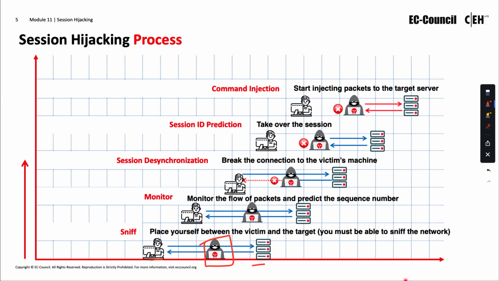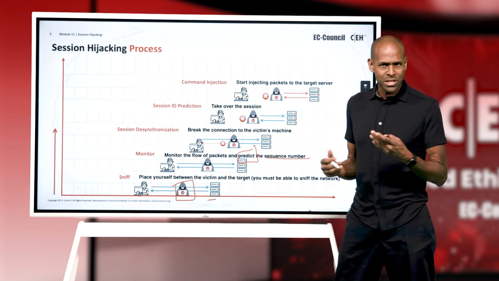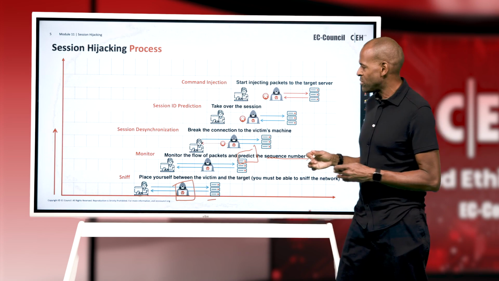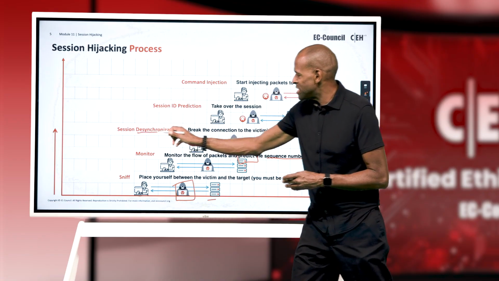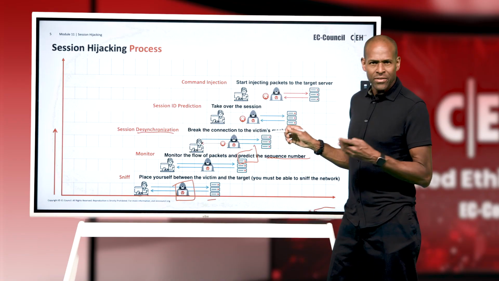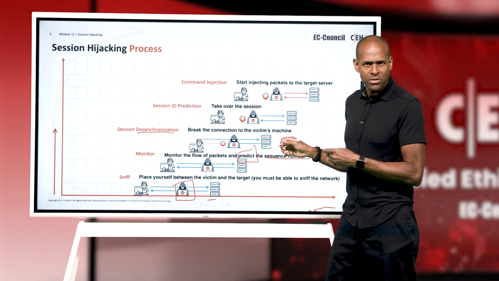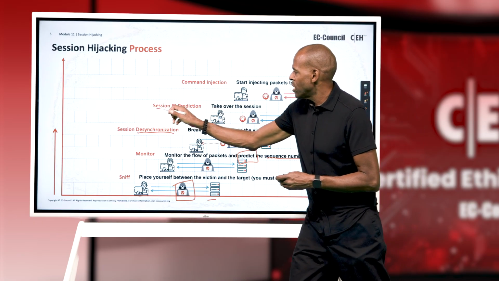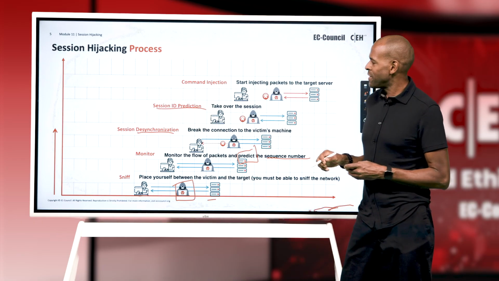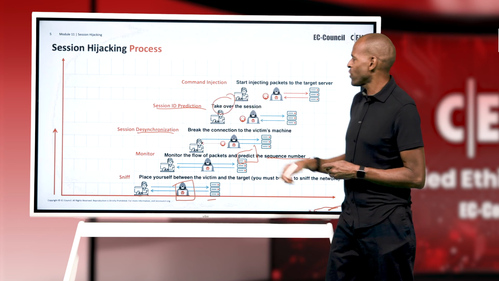And here's a very important word here, predict. And another pair of important words, the sequence number. So he's going to be watching that TCP sequence number. And then what he's going to do is desynchronization. He's going to break that connection that goes out to the victim's machine. And then because he was able to predict the session ID, he's able to take over the session.